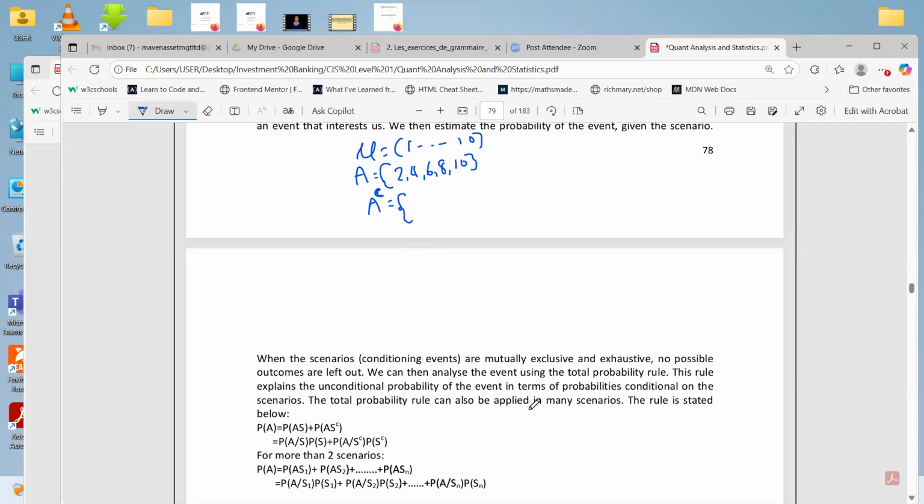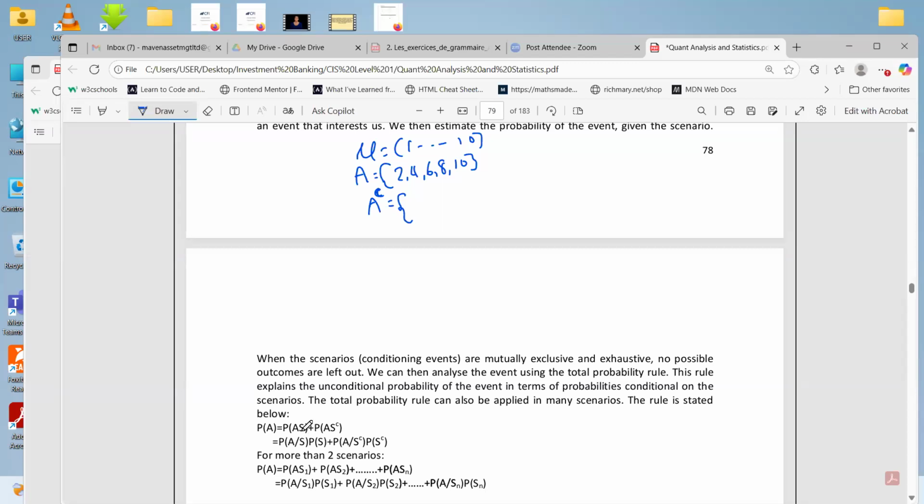The total probability rule can be applied in many scenarios. The rule is stated thus. Probability of A is the probability of A and S, which was further broken down from what we have learned previously to be the probability of A when S is given. S here is now replacing our B from what we have been learning previously.